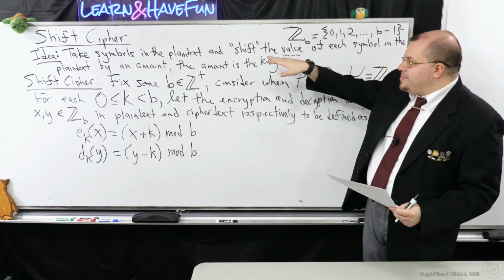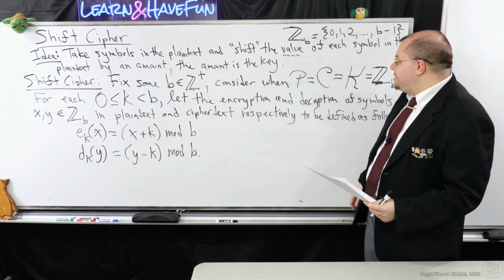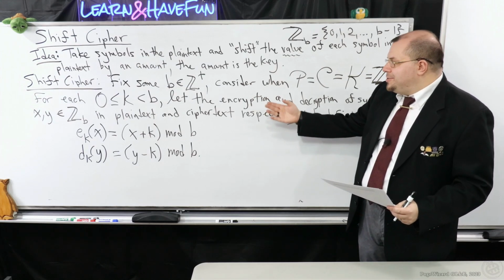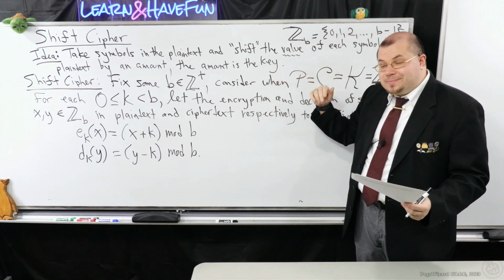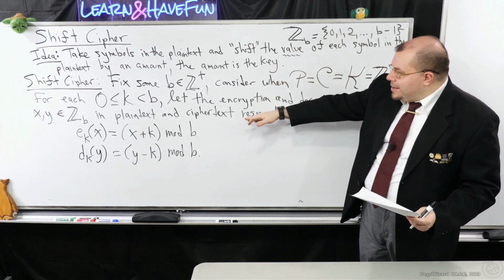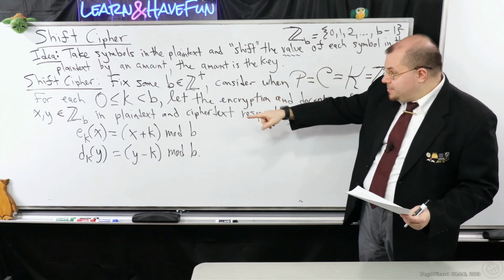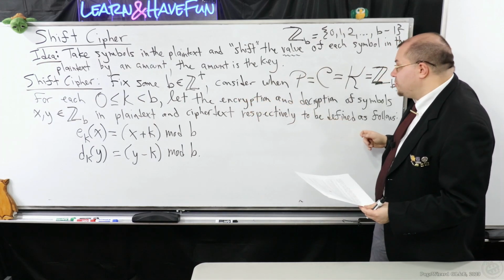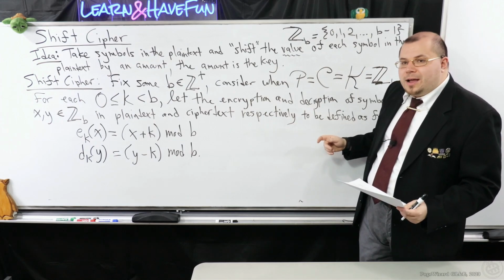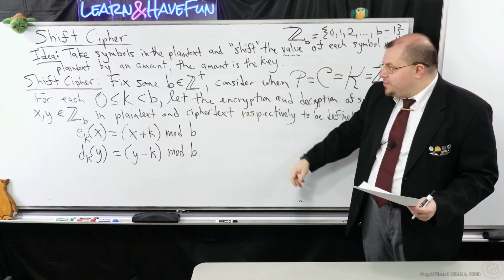Keep in mind that the setup here is that somebody's going to decide on what B is, and then they're going to have some key. And then for each one of the Ks, those are the possible keys, I'm going to have EK and DK defined as follows.